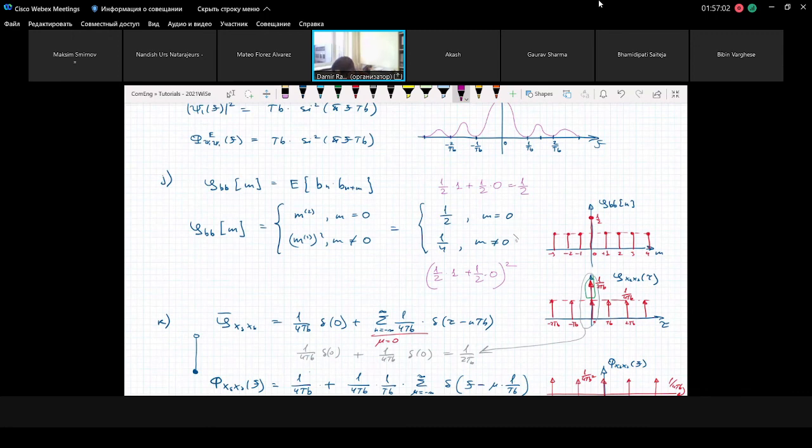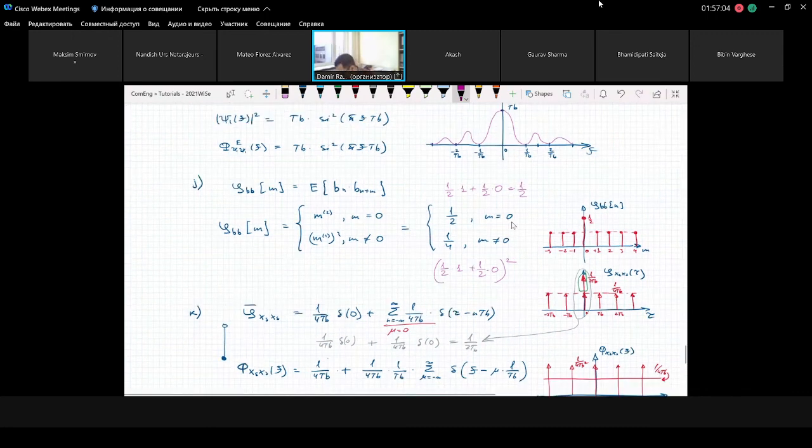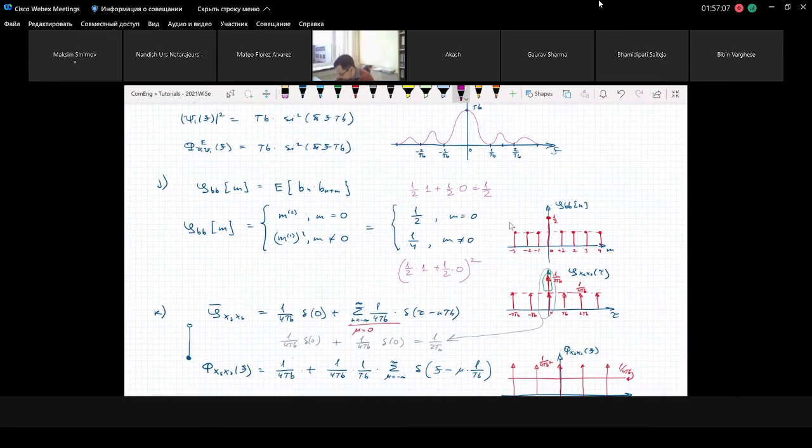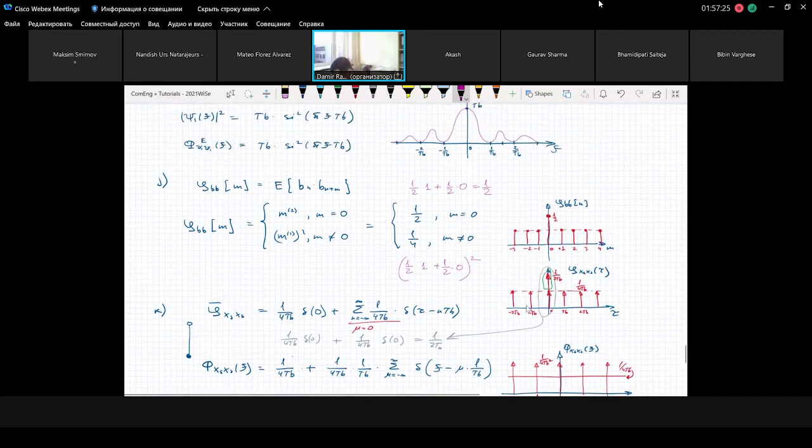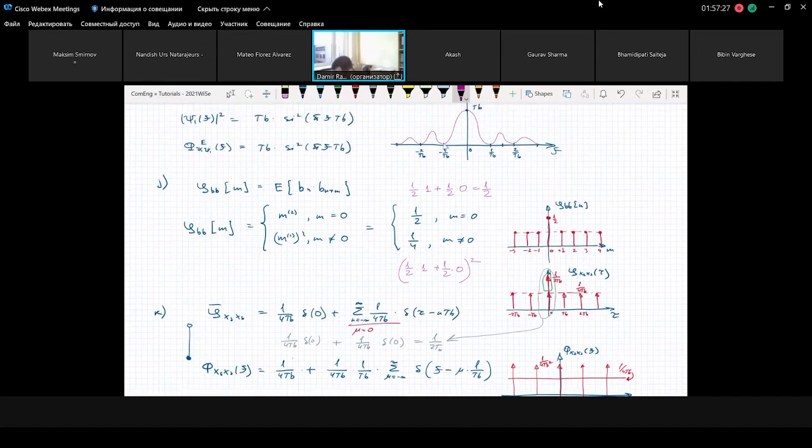But look, we have an interesting result. I try to zoom out so that you can see both of them. The location of the delta pulses matches the location of the zeros of the chi-square function. As a result, they cancel each other. Not cancel, but the product will be equal to 0.